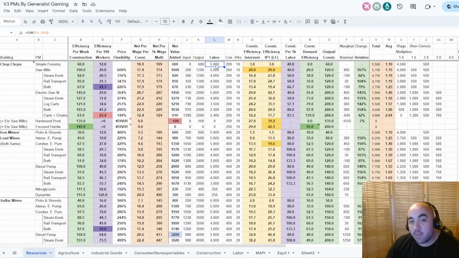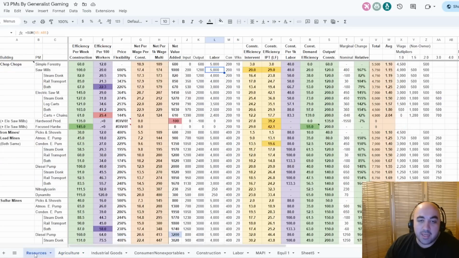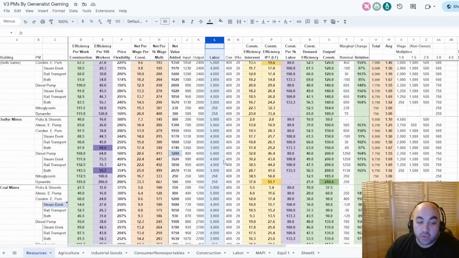Now, the shopkeepers aren't the owners unless it's locally owned, and introduced into the capitalist-owned ones that were previously capitalist-owned is an extra 500 labor, and you see this just across the board with everything that is capitalist-oriented, and I think there was a similar increase with the number of farmers, or I'm not 100% sure, so it might just be a slight nerf to capitalist-owned buildings, but this is the main substantive thing that we see across the board, and other than that, we do not see major changes to the resource tab.